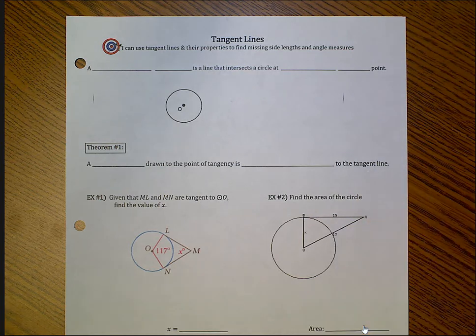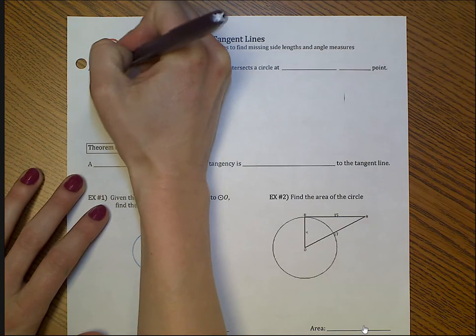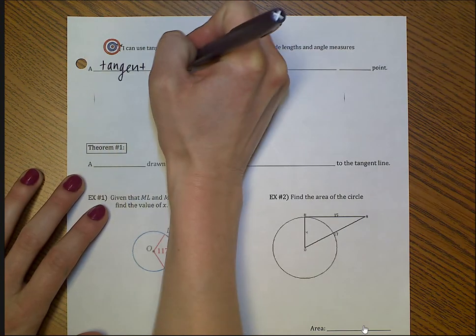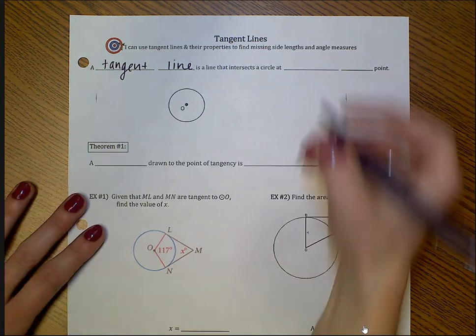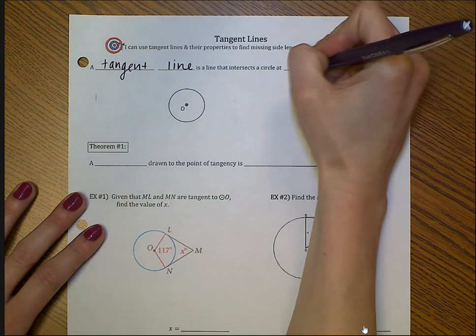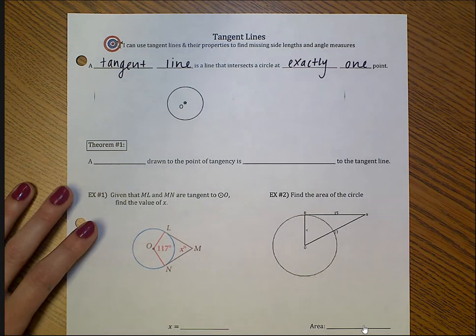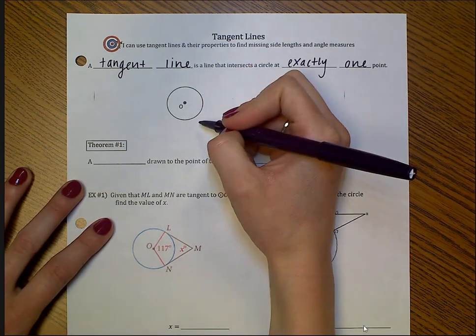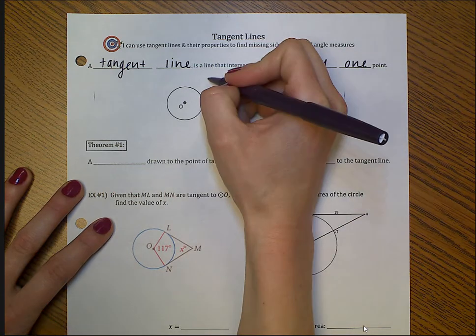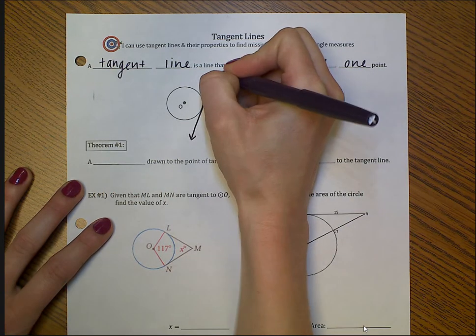A tangent line is what we're talking about specifically today. So a tangent line is a line that intersects a circle at exactly one point. So let's draw one. If I have a line that touches the circle in exactly one place, it really just grazes the circle.